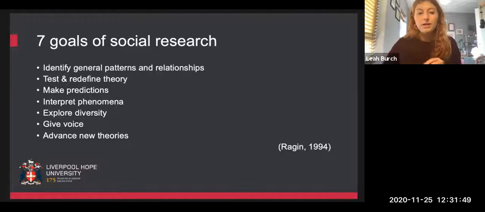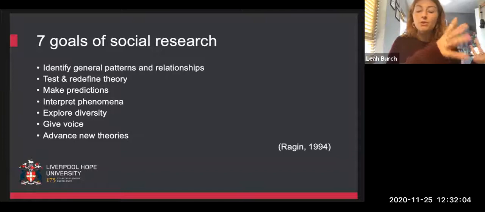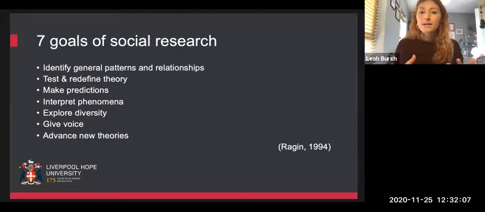Now we can also look at different goals of social research. So we've looked at what social research is, what it can tell us, and now we move into the goals of social research. And again, depending on the approach to research, depending upon the questions, it might meet different goals.